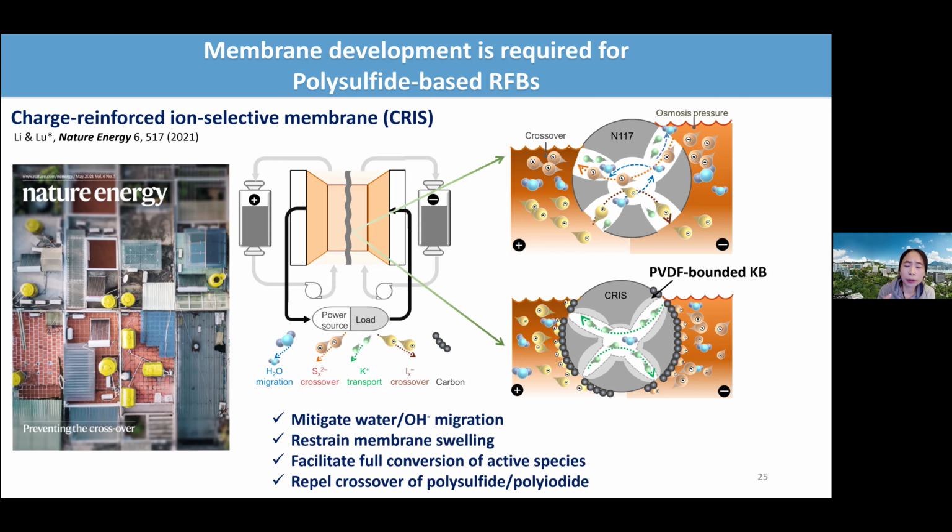And the carbon on each side tries to absorb polysulfide and polyiodide, so that when they are immersed in these anions, they will be charged, and further prevent crossing over through this layer. So we call them charge reinforced, because in our design we hoped that they can prevent the same charged ion from further crossing over. And so that's the idea of this type of coating applied on the Nafion membrane.